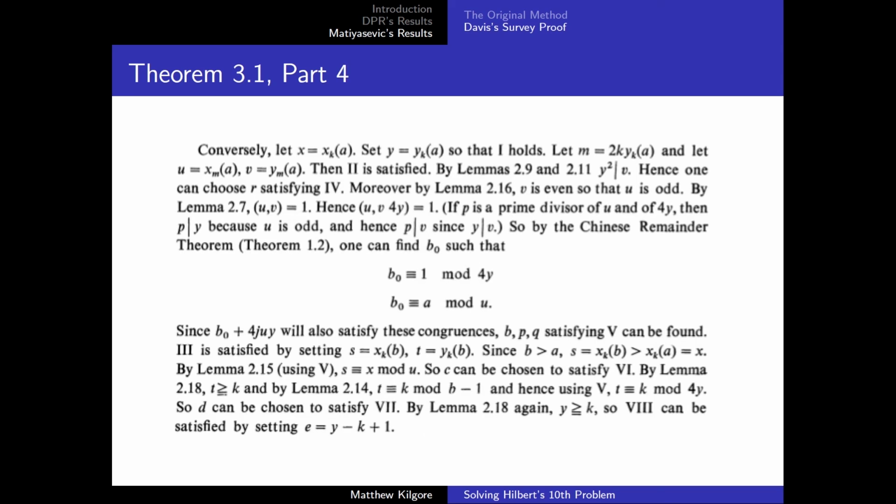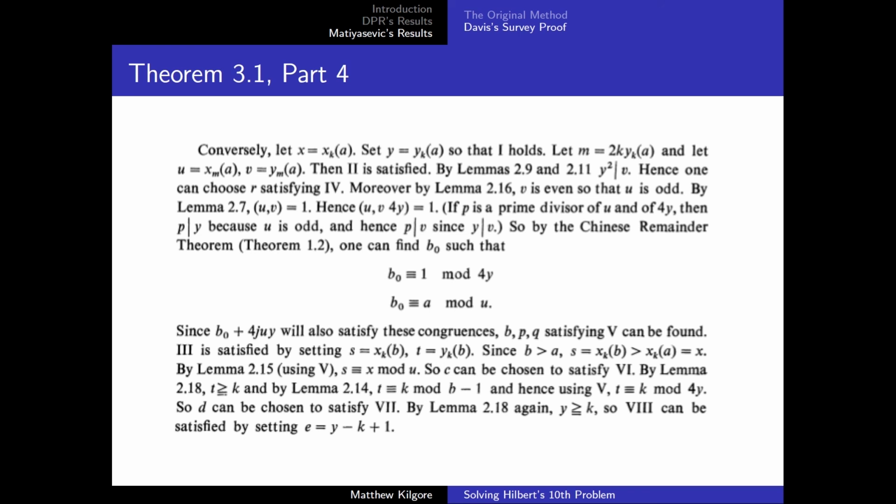Now, to prove the reverse direction, it's a tiny bit more dense, but not shorter. To prove said direction, let x equal x_k of a and y equal y_k of a. Then one holds, that is, the first equation holds. Letting m equal 2k y_k of a, and then u equal x_m of a, v equals y_m of a.